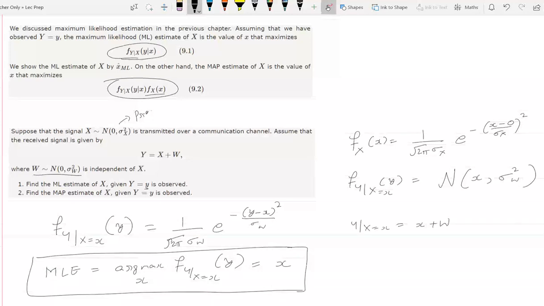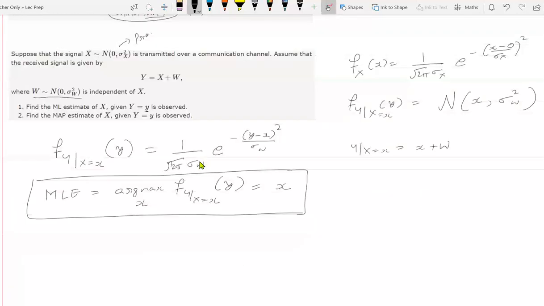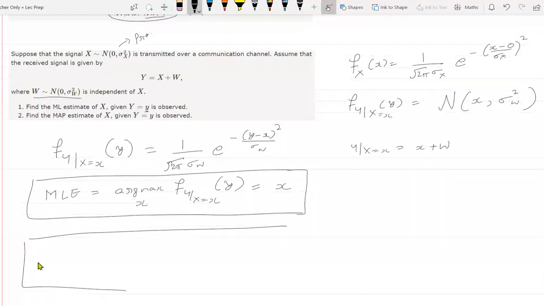Okay. So what is the maximum a posteriori estimate? How do you get the MAP? MAP is again similar. It is argmax over x of f of y given X equal to x, of y, into the prior.